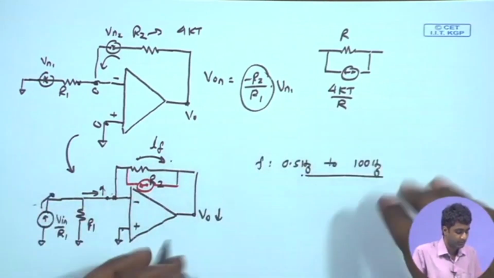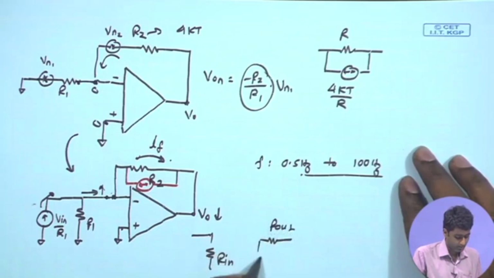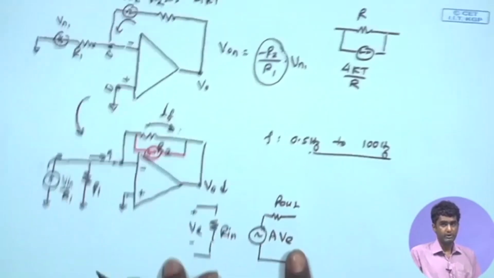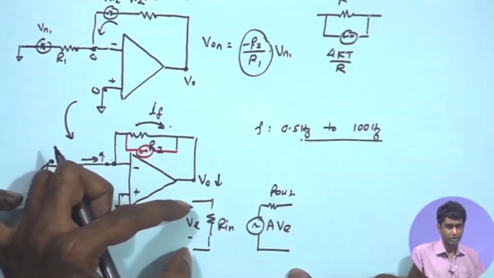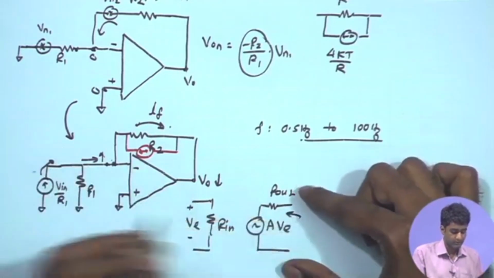So, if you model an op amp, it is modeled as R in at the input point, and you are having some output resistance R out, and you are having A times the VE, where VE is the voltage across its input terminal. So, this will be the model for an op amp, because ultimately it is amplifying the voltage appearing across the 2 input terminals. It has some effective output resistance.